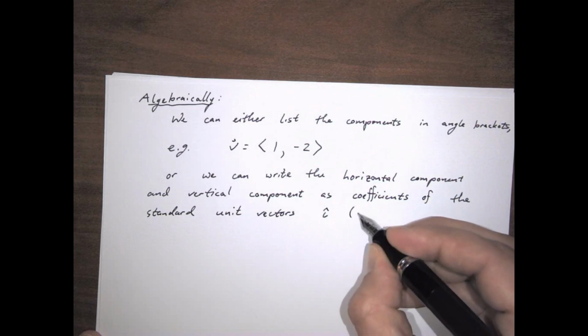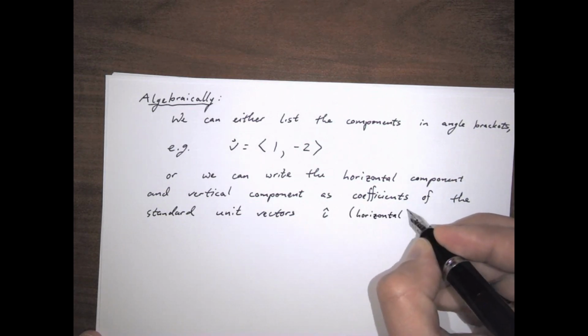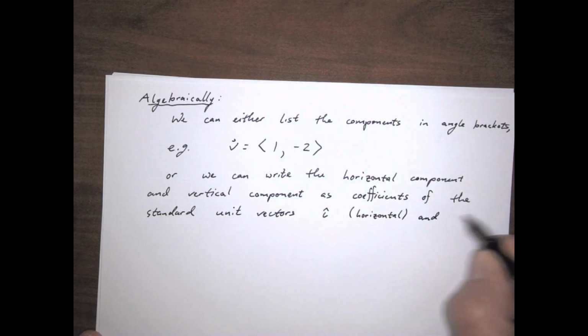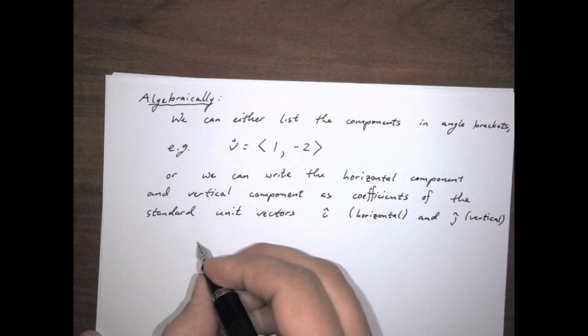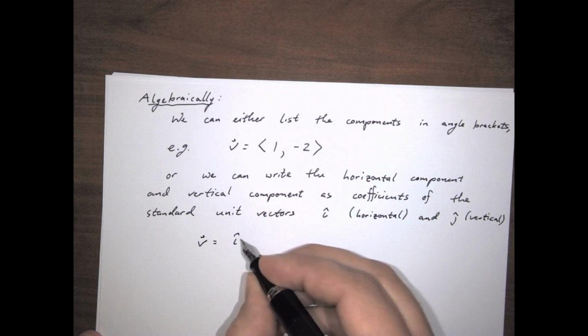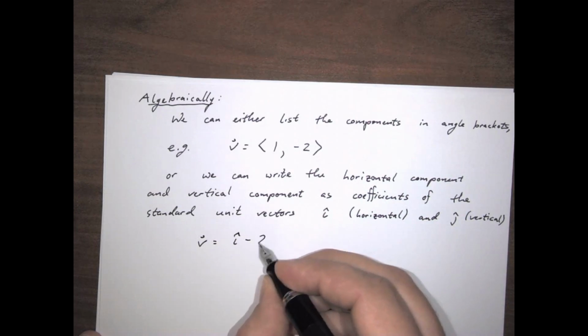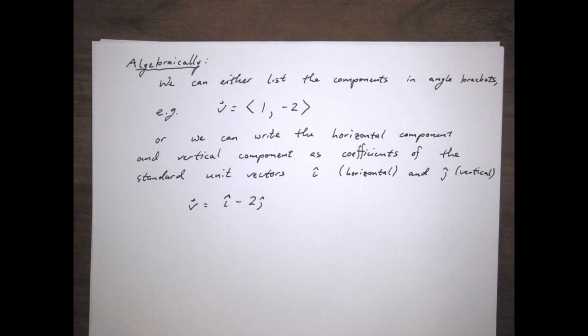I, which is the horizontal, and it's written not with a dot but with a little caret, and j, and that represents the vertical. So then here v would then look like 1i, which we would not write the 1, just like we would ordinarily not write a coefficient of 1 unless we absolutely had to, and then minus 2j.